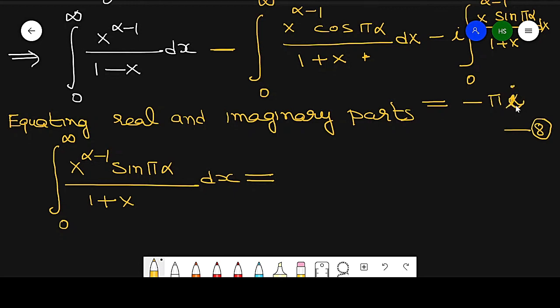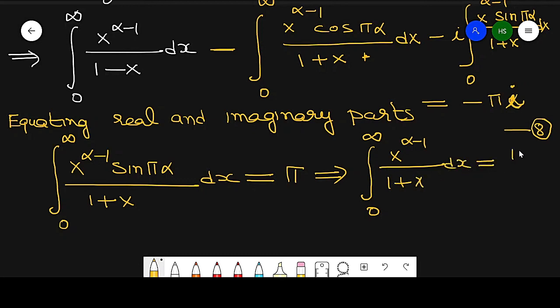So this is a pi iota, so this value will become pi. From this it implies integration 0 to infinity x raised to power alpha minus 1 over 1 plus x into dx is equal to pi by sine of pi alpha.